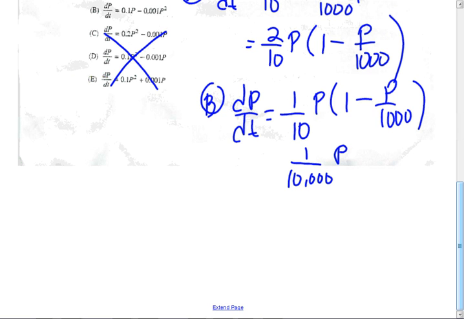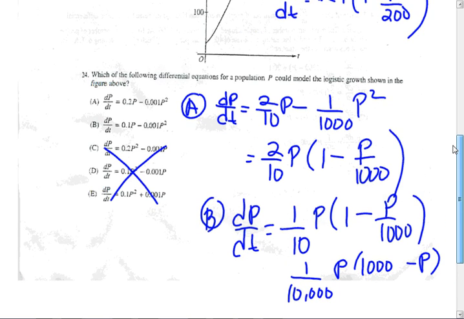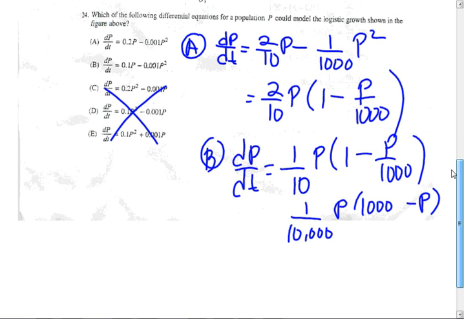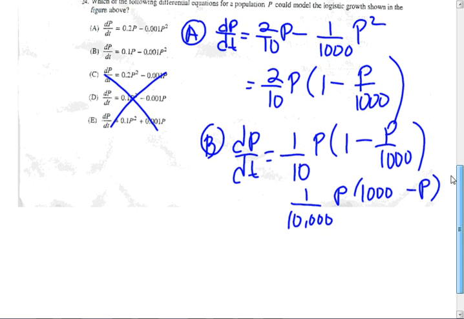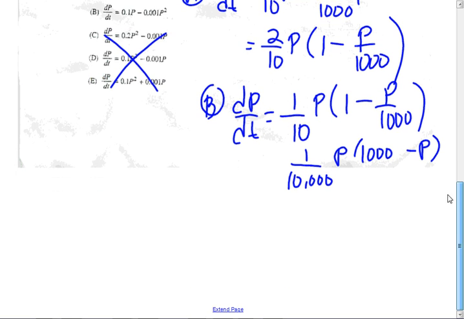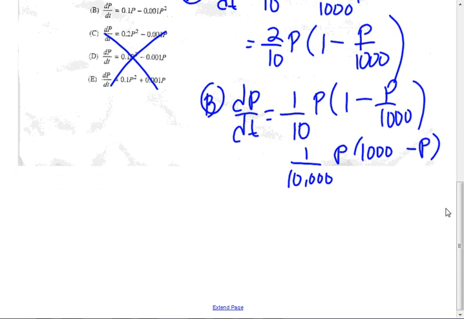P, and then it's 10,000 minus P. Oh, 1,000. No, it's 1,000. Sorry. But that's still not going to, well, I've got to get that 200 there. I'm going to have to multiply it out, aren't I? I forgot how I did it.